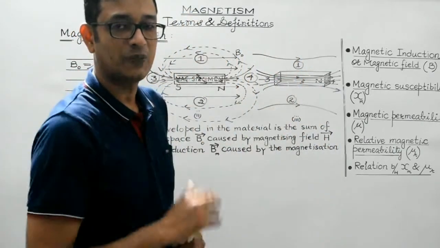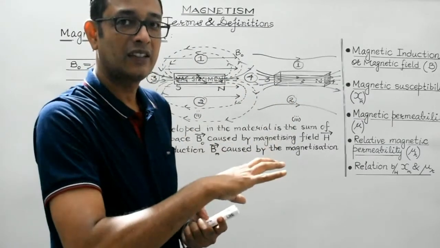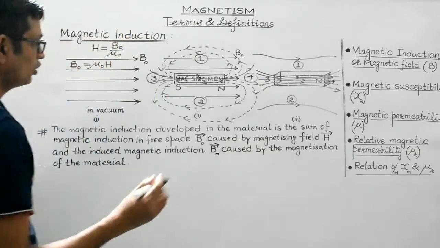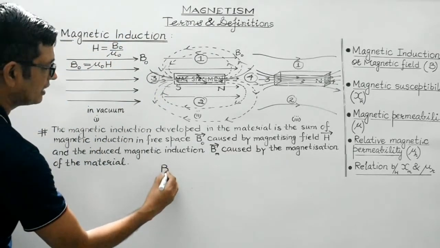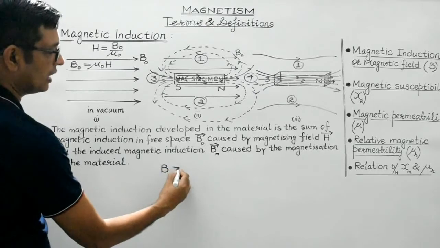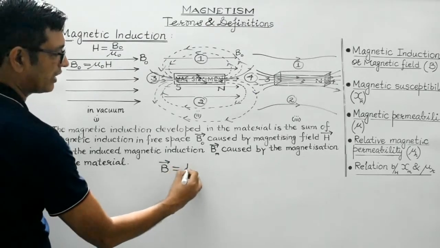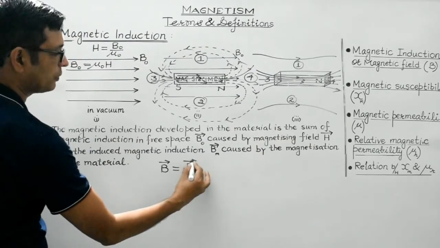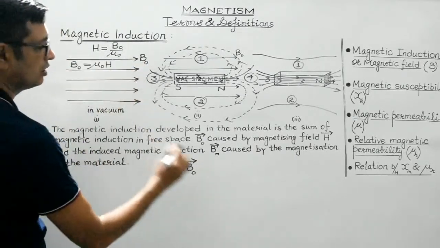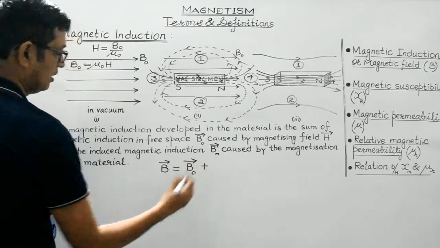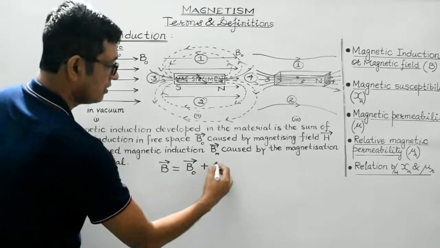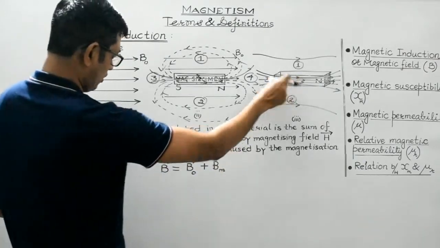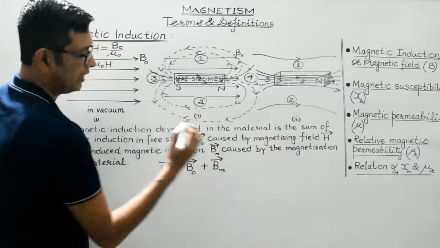So this is the theoretical aspect. Now using this theoretical aspect, let's try to find out an expression for the magnetic induction, right? So magnetic induction inside the material would be given, in the vector form, by the sum of the magnetic induction in free space, which is considered to be B naught, and the magnetic induction, suppose Bn, caused by the magnetization of the material, right?